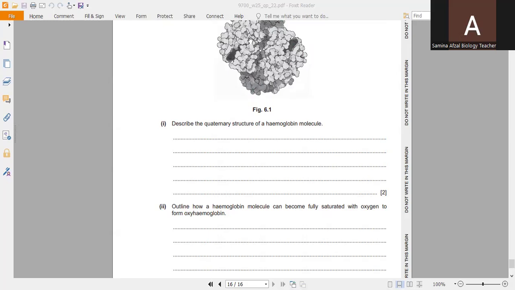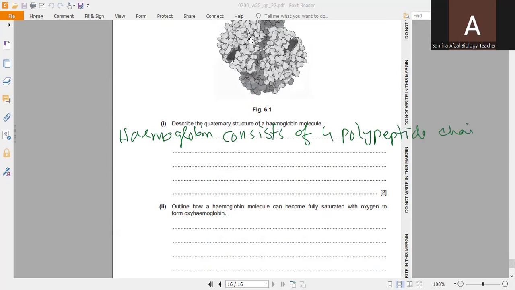First of all, I would like to write the answer. Hemoglobin consists of four polypeptide chains, two alpha chains and two beta chains.